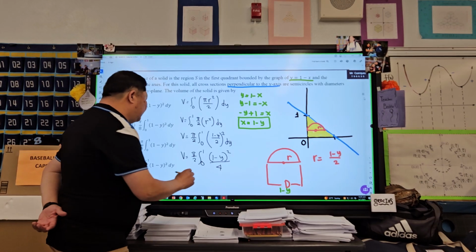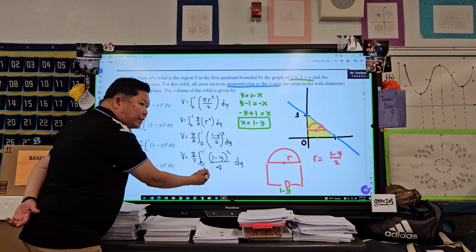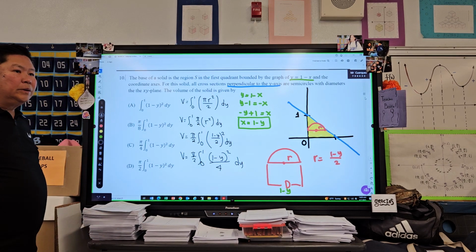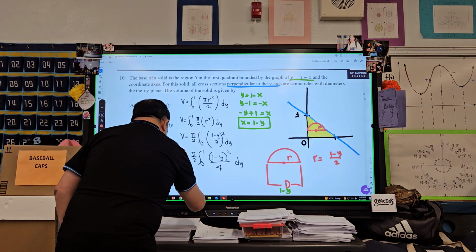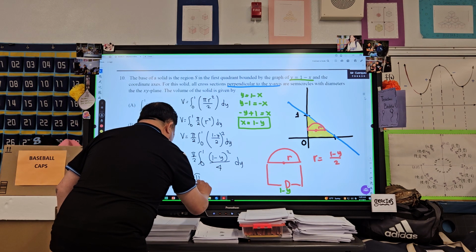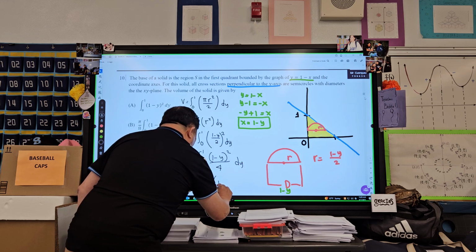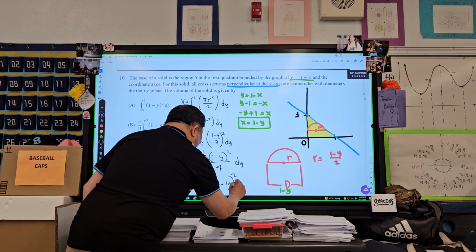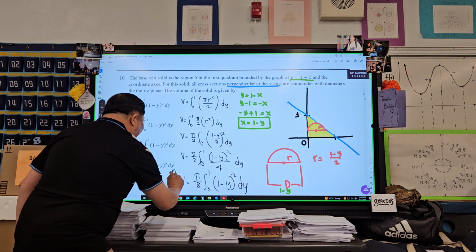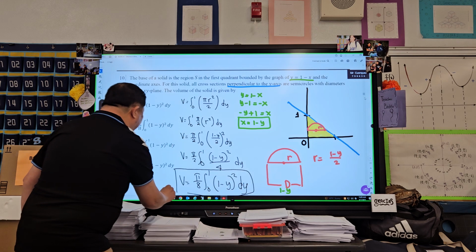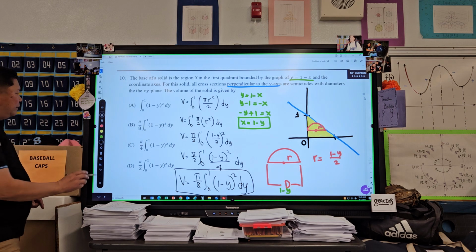And then dy. And that's the time you multiply this with pi over 2, which means pi over 8. So volume is equal to pi over 8, the integral from 0 to 1 of (1 minus y) squared dy. So what letter is this? Letter B, right? This one. Letter B.